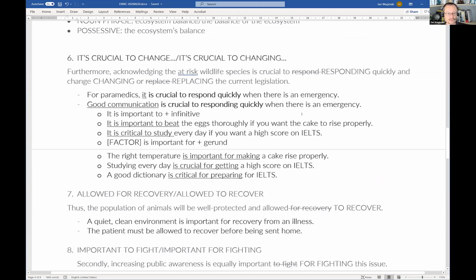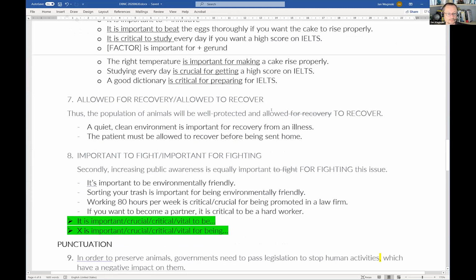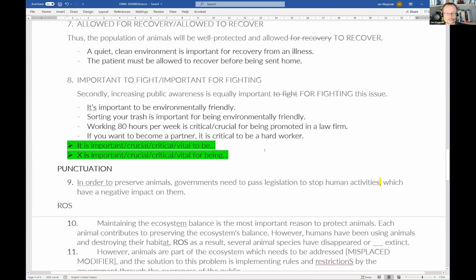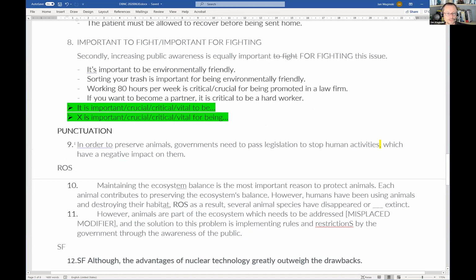That's kind of the issue we had here. Okay, punctuation. In order to preserve animals, governments need to pass legislation to stop human activities which have a negative impact on them. Now, this is one of those situations where this comma really affects the meaning of the sentence.